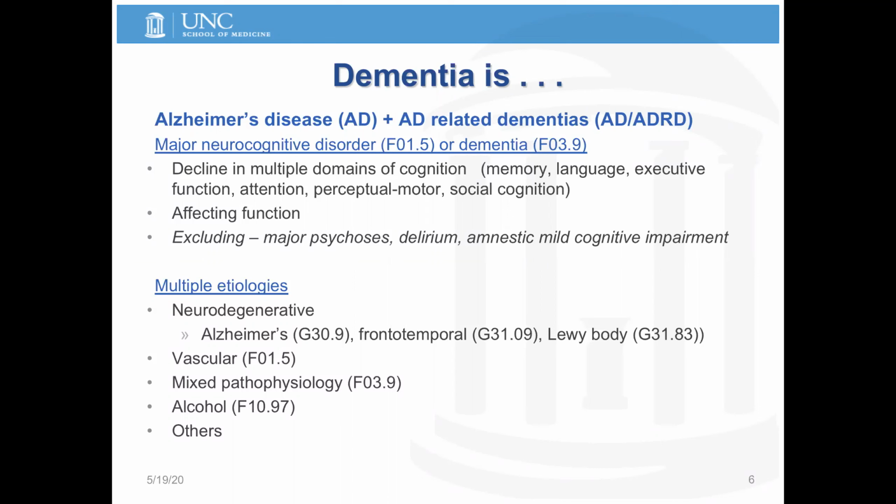And these include the neurodegenerative diseases such as Alzheimer's disease, frontotemporal dementia, and Lewy body dementia, as well as vascular dementia, and a large group of individuals who have mixed pathophysiology, so would have Alzheimer's disease, for example, plus elements of vascular dementia. Alcohol is another major underlying etiology, and then there are many, many other underlying causes.